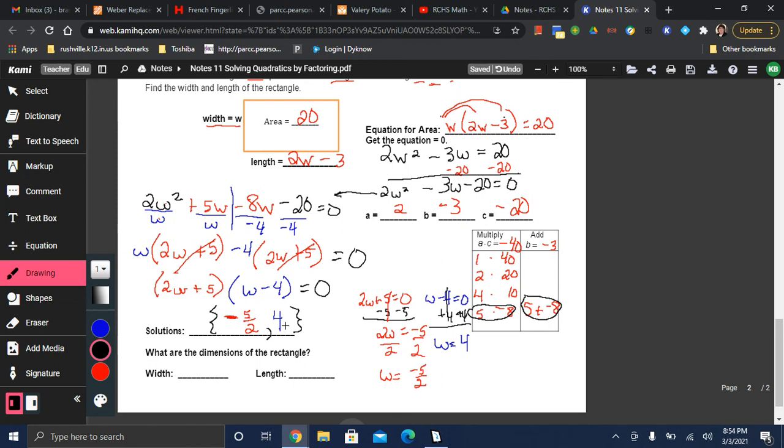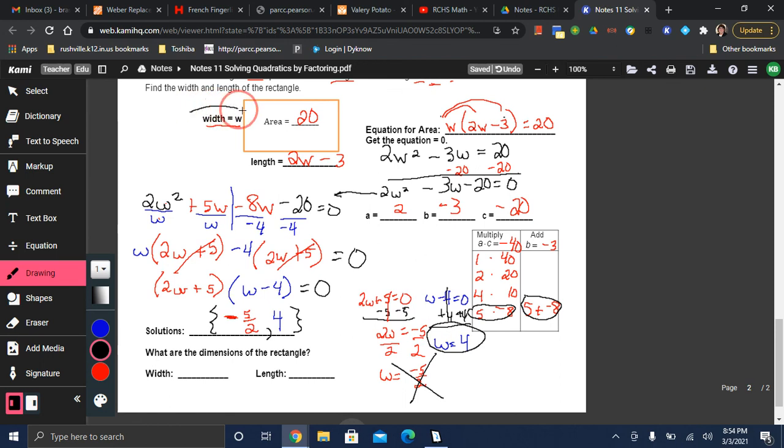So I'm not going to consider the negative 5/2 as an answer to this problem where it asks for the width and the length because it is negative. So instead, I'm going to use the w equals 4.